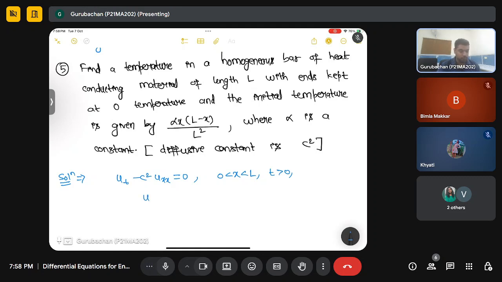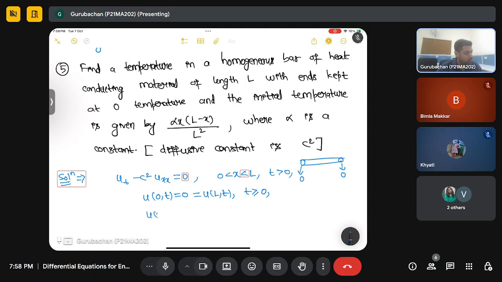Next, we are given the temperature at endpoints. So if this is your bar, the temperature at this point and at this point is nothing but 0. So that means u(0,t) is 0 is u(L,t), where t is greater than or equal to 0.